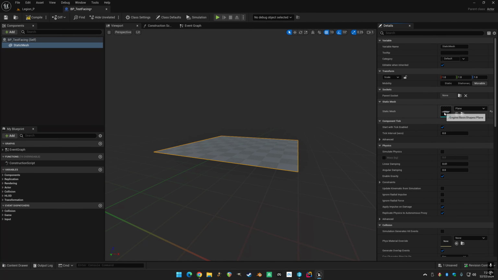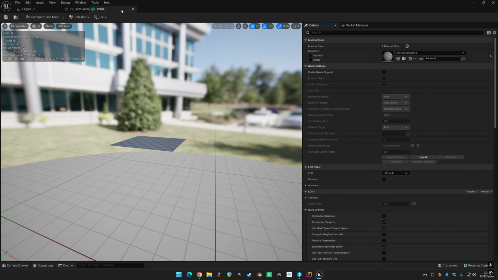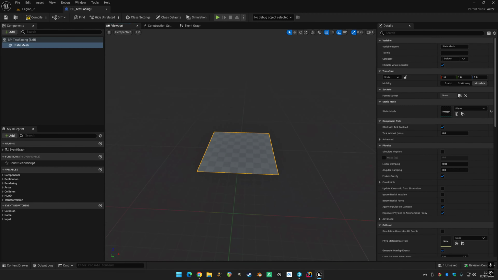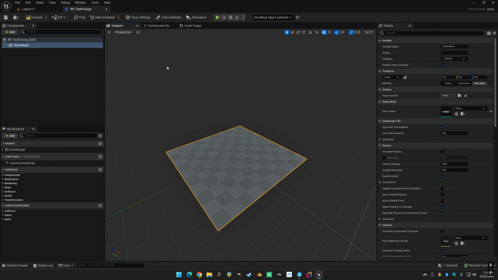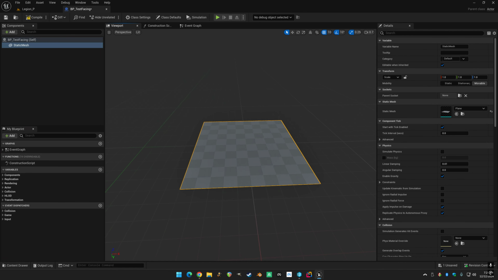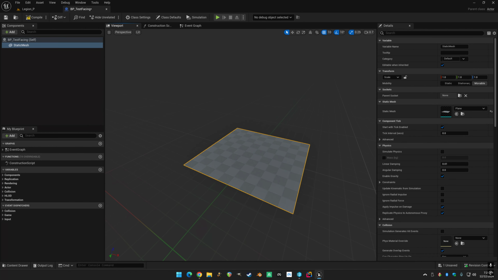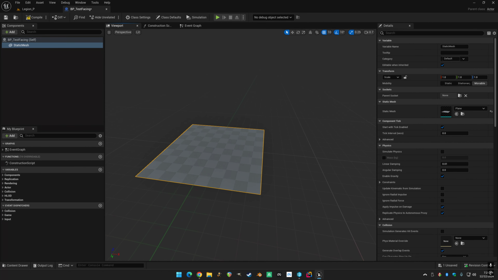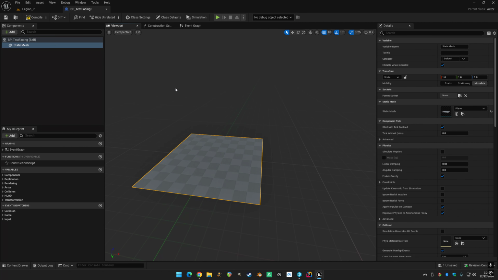Let's make sure that's the 100 by 100 one, and in fact, it is. Okay, so if you look at this plane, you'll see that its forward direction is x, its up direction is z, and its other axis is y in the left-handed axis system that Unreal uses.